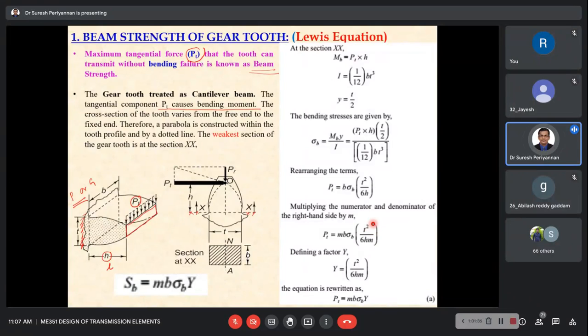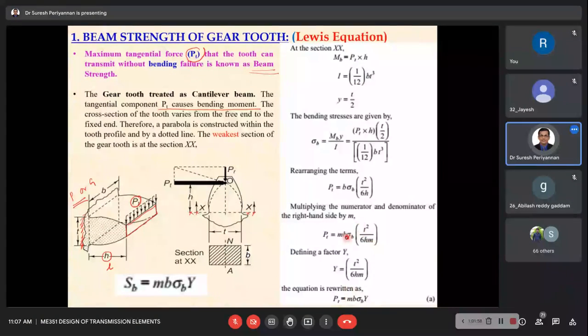See here, the numerator is millimeter squared and the denominator is also millimeter squared, so this factor is dimensionless. This is Lewis's form factor. The person who developed the concept introduced the factor y, which is nothing but Lewis's factor. Now I can simply write PT is equal to m into b into sigma b into y.